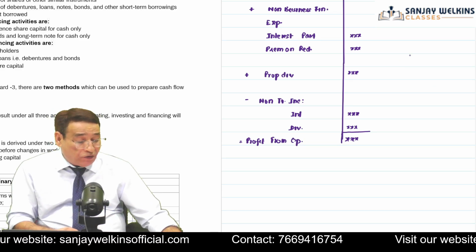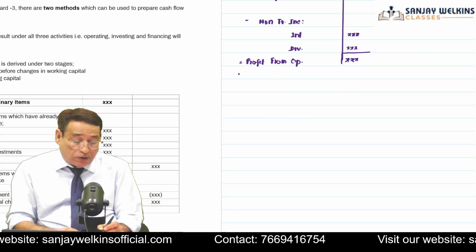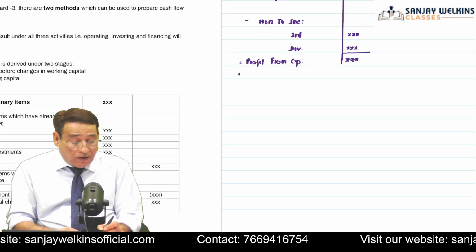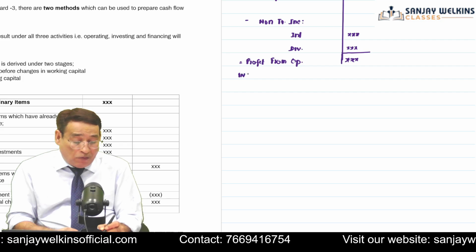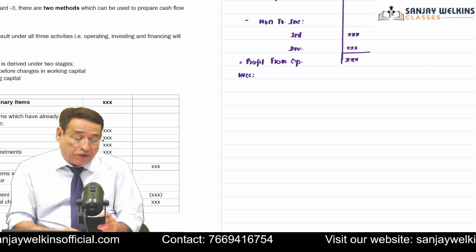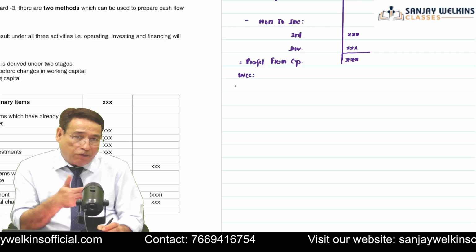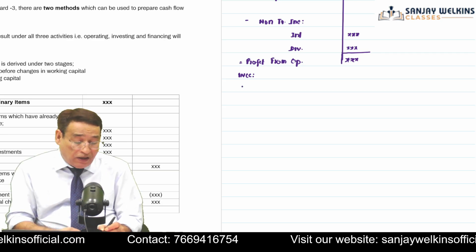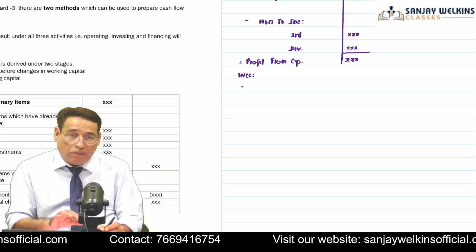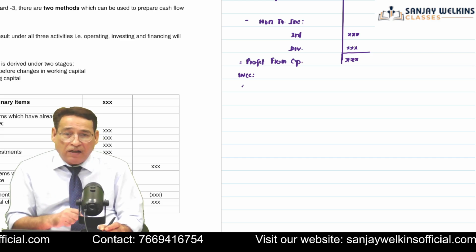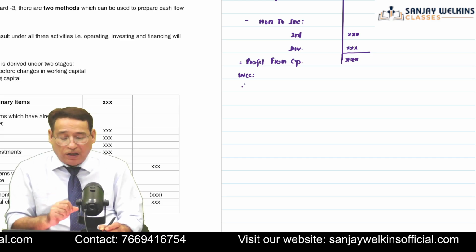Once we have the profit from operation, then we write the adjustment for working capital components. Adjustment for working capital components means we plus or minus current assets and current liabilities other than cash and cash equivalents. Correct?